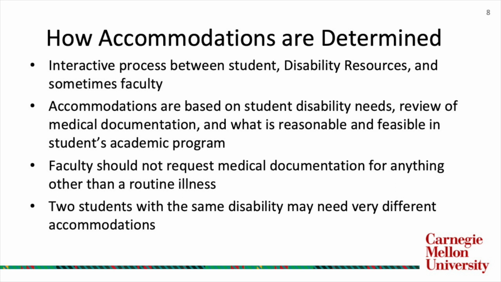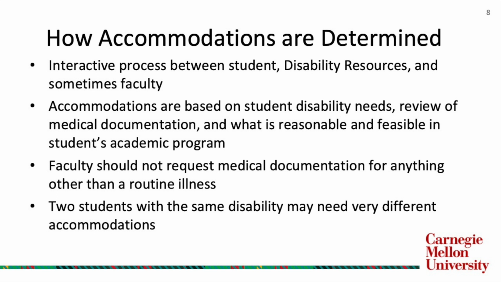What that means is that there's a process where the student is sharing what their needs are, options are being discussed, documentation is being reviewed, and accommodations are based on the student's disability needs, the review of the documentation, and what is reasonable and feasible in a student's given course or academic program. So an accommodation that may be reasonable and feasible in one type of class setting may not be at all reasonable or feasible in another.